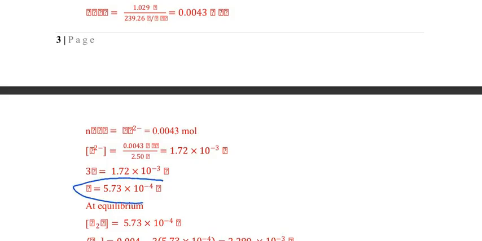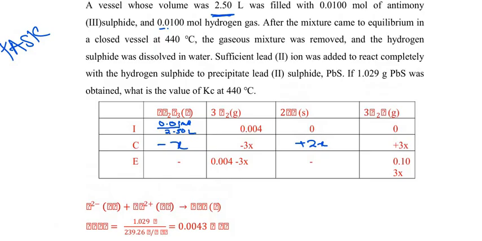Once you get the change, it will help you get the equilibrium concentration of hydrogen sulfide. Then you react this with the lead, do your mole ratio comparison, and they're asking for the Kc. So we just go direct, we use this. There's no need of anything else complicated.